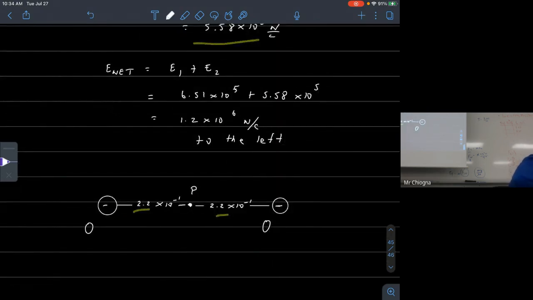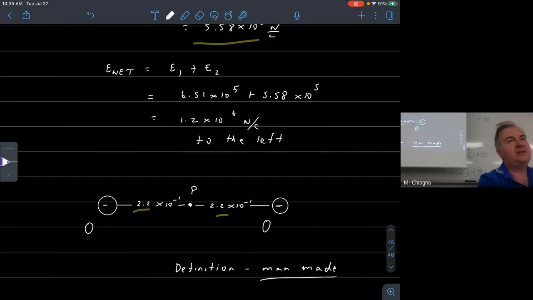But you can't change the test charge. Why would you? You stick with what you're given. That's the definition in physics. I told you from the beginning. A definition is a man-made construct. Sometimes they have reasons. Sometimes they just start with a random decision and they stick with it consistently. So just stick with what they decided it to be so that you can communicate clearly.